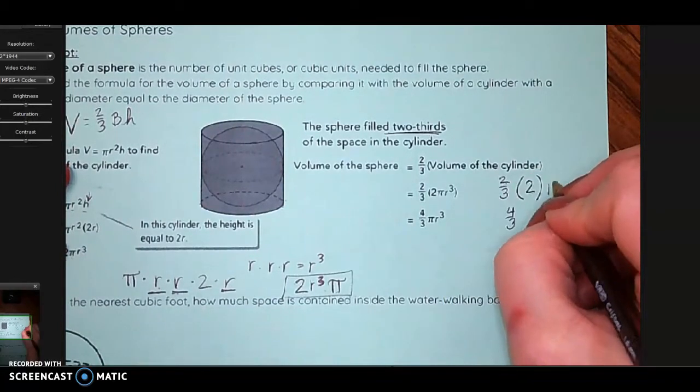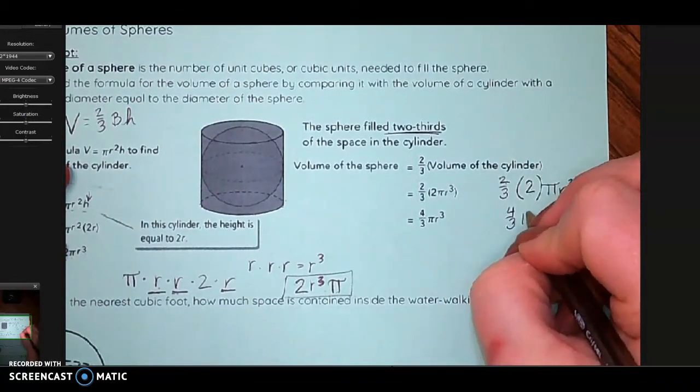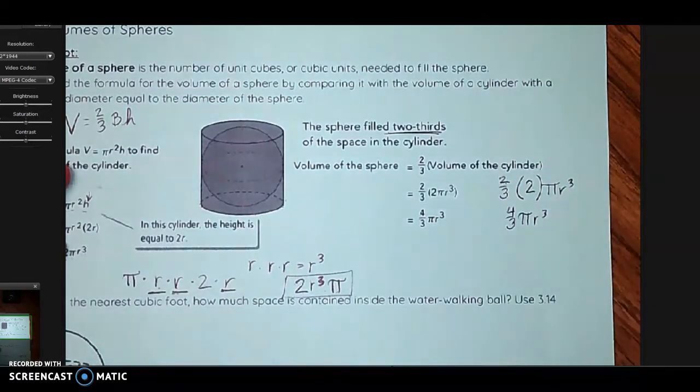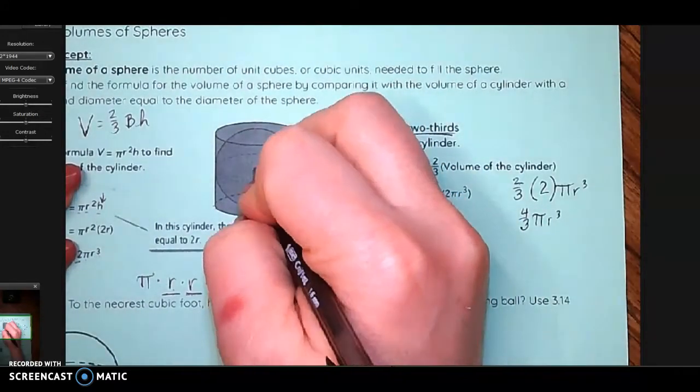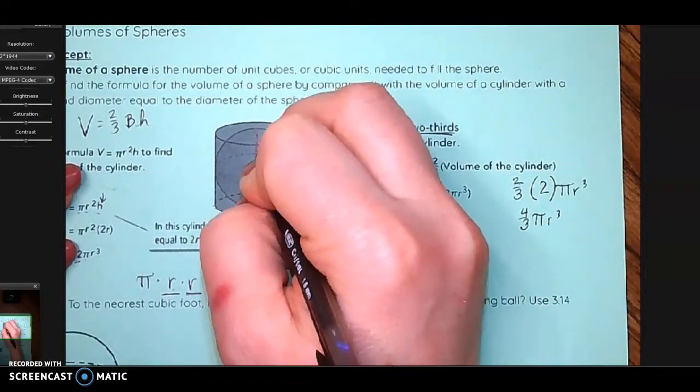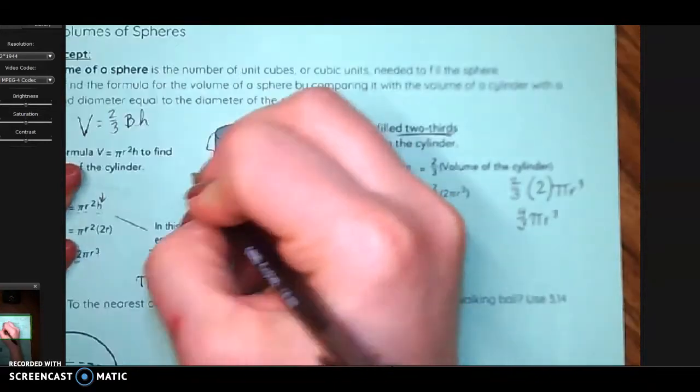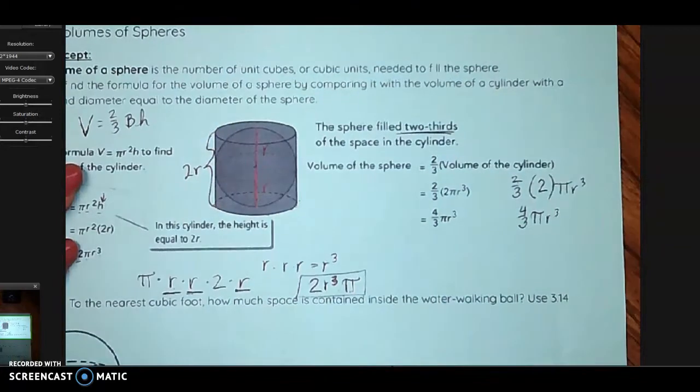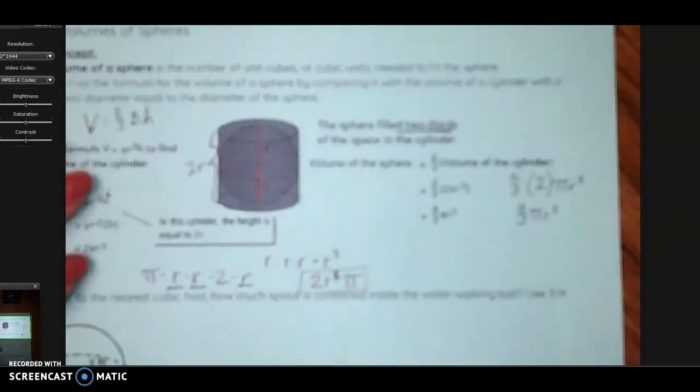And then I still have the pi r cubed. So that's where our formula to find the volume of a sphere comes from. So remember, this is the radius, that's the radius, so the height here is 2 times the radius.